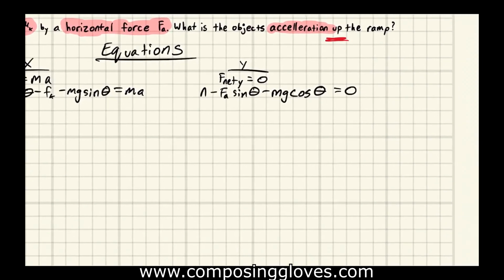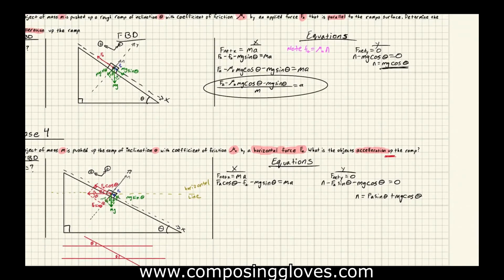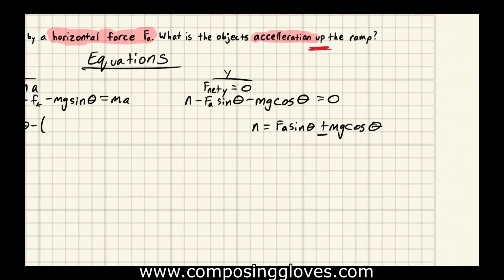So first let's solve for N. We know N is equal to FA sine theta plus mg cosine theta. And we remember from our note on a previous problem, mu sub k times N will give us our force of friction. So coming back to here, we have FA cosine theta minus, and I'm going to put parentheses here because we have terms attached by addition.